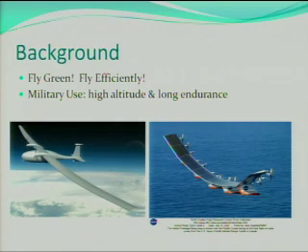We want airplanes to fly green and efficiently, and for certain military uses, we want the airplane to fly at high altitude and have very long endurance, as shown by those two pictures. To meet those requirements, the airplanes are designed to have a very large aspect ratio.